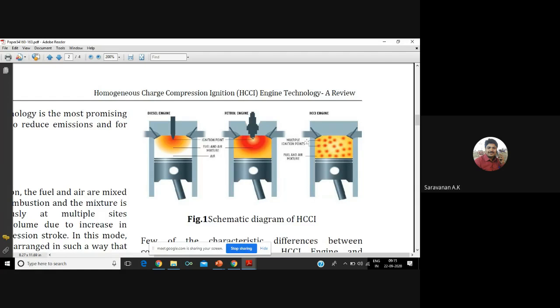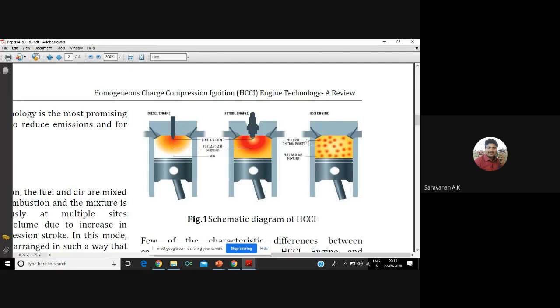So once the compression stroke happens, it increases the pressure and it increases the temperature also. Once the fuel is in smaller particles, in multiple parts, in multiple charge points, then it will burn easily.